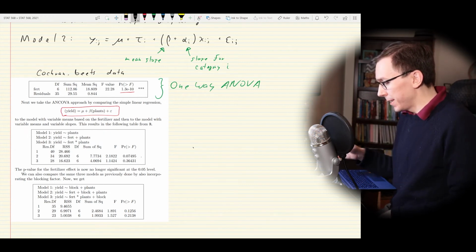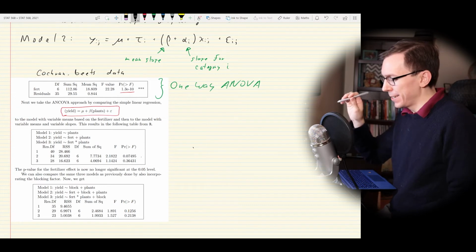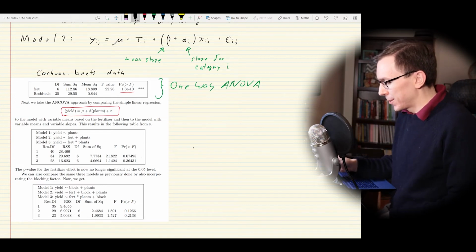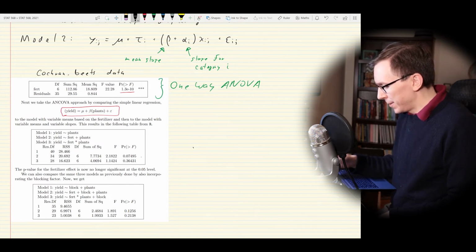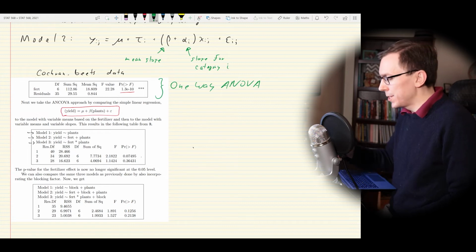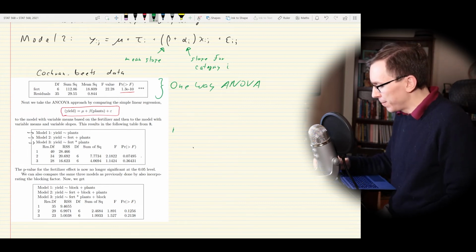What we do here is we have different ways of fitting this model in R. We have models 1, 2, and 3 in this table. The first one is, in some sense, the model 0 from above. So model 1 is just linear regression.